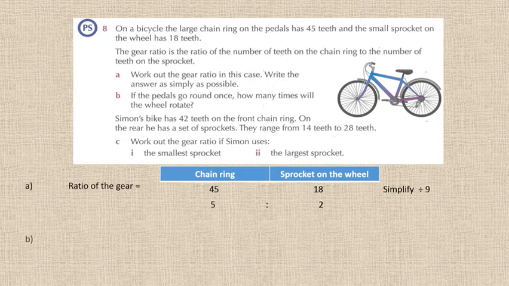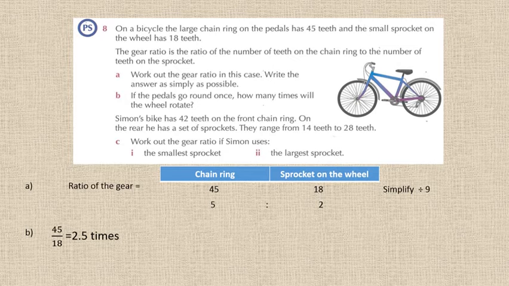So if I divide them, 45 divided by 18 is gonna be 2.5, which is the number of times that the wheel rotates if you move the pedals once. If you go round once only with the pedal, it's gonna be 2.5 times.